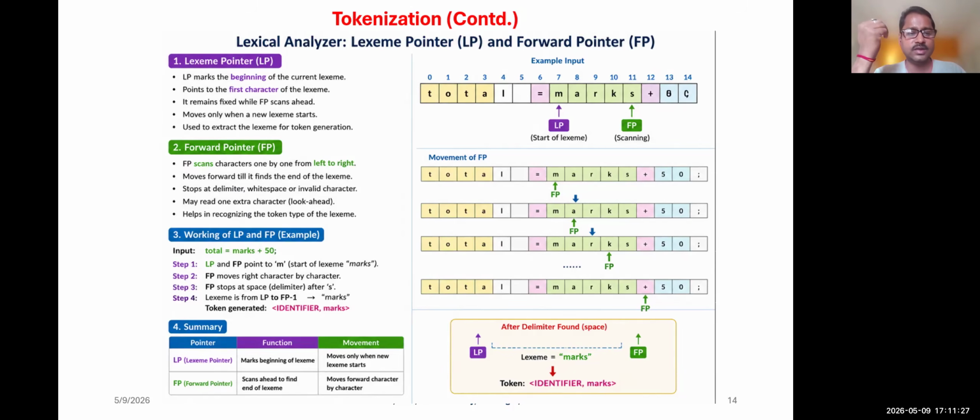Then you can easily understand how the mapping from the word to the token is done. For a single word, M-A-R-K-S, marks, sir, you are saying marks is an identifier. How are you saying that? Okay, we know the rule, but how is the system doing that? Show us that, sir.